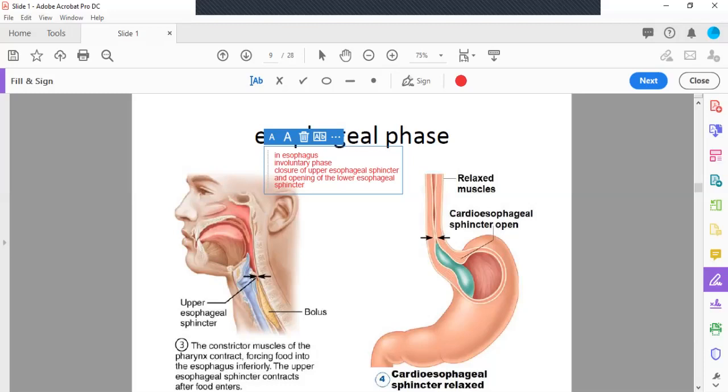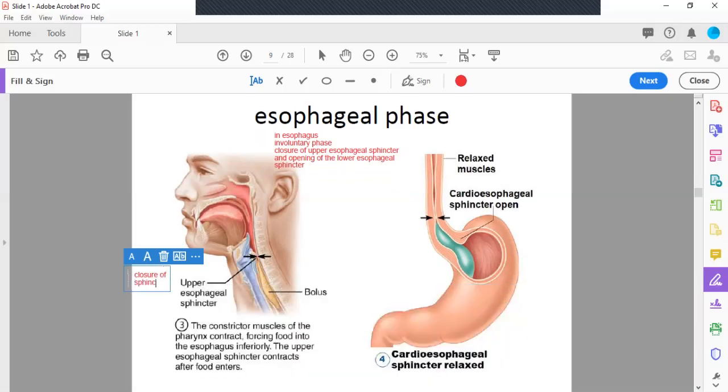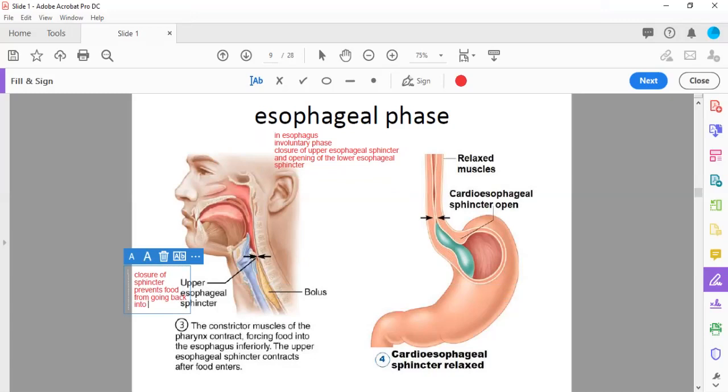The closure of the sphincter prevents food from going back into the pharynx.